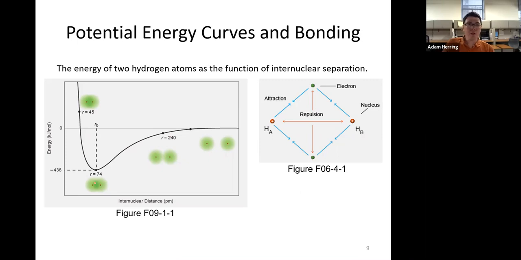All bonds are formed because there is an electrostatic attraction between the electrons of one substance to the protons of another substance. And because those opposites attract each other, they result in a more stable, lower energy system. And therefore, our chemical potential energy is stored in those bonds.